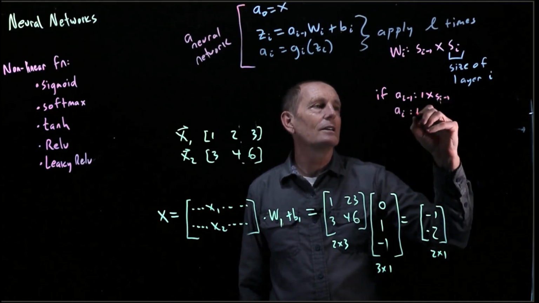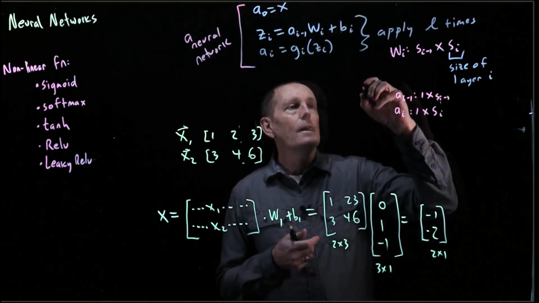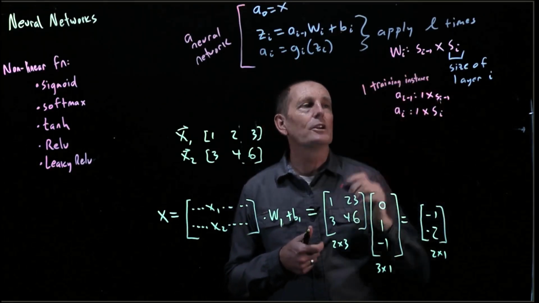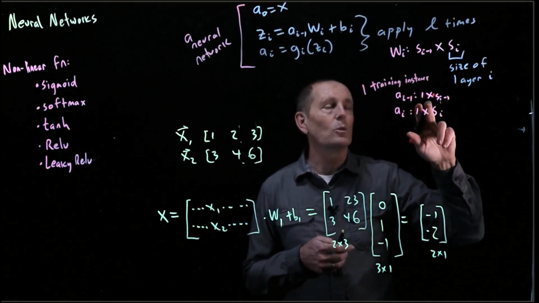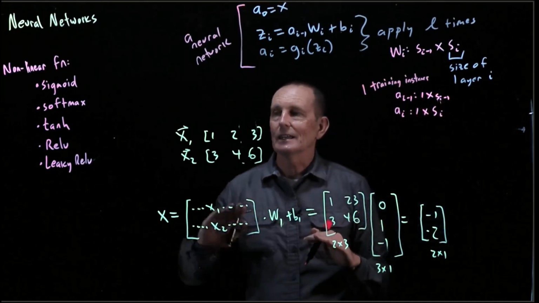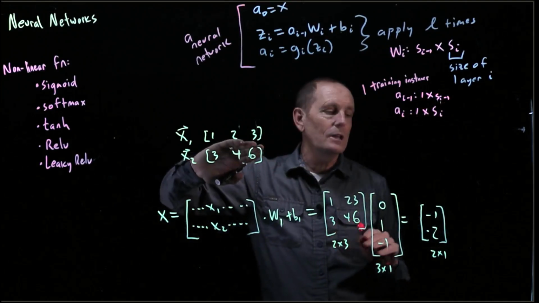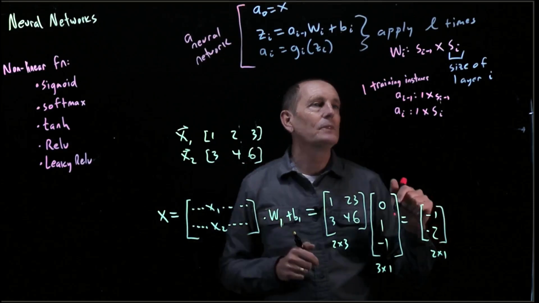Then a sub i is a 1 by s sub i. So if we have one training instance, a sub i minus 1 is a 1 by s sub i minus 1, and a sub i is a 1 by s sub i. Just like if we had one training instance, then the input here was a 1 by 3, and the output would have been a 1 by 1.